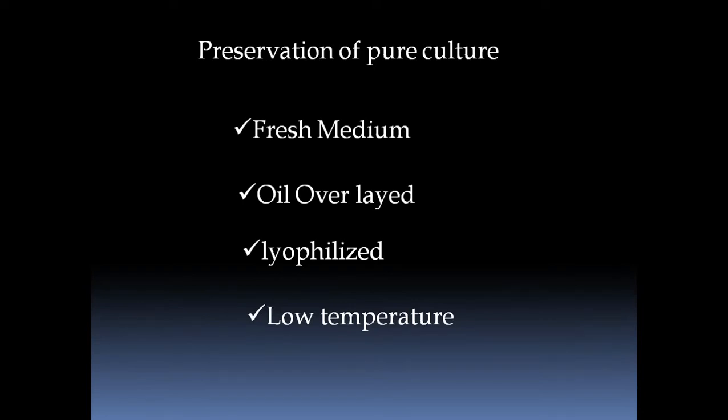How? Because once you keep it at a very low temperature, ice will definitely form in your cell suspension. So that ice will form a crystal, and this crystal will pierce your cell and ultimately lead to cell damage.